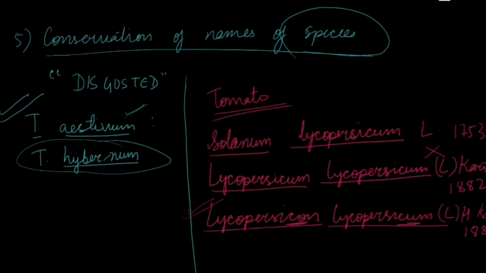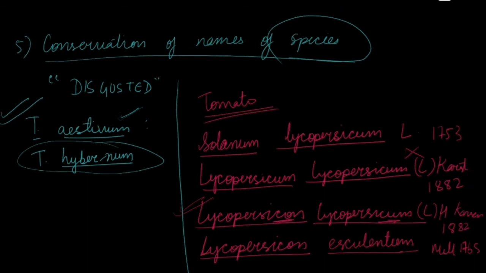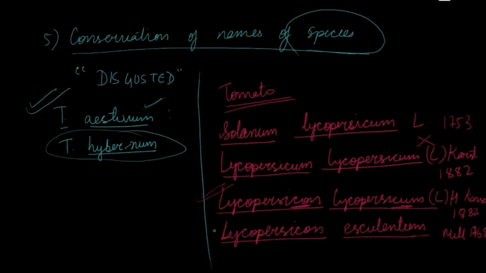This Lycopersicum is potentially a correct name, but at that time Lycopersicon esculentum was so widely used that people favored that this particular name be conserved, even though it was published much later.